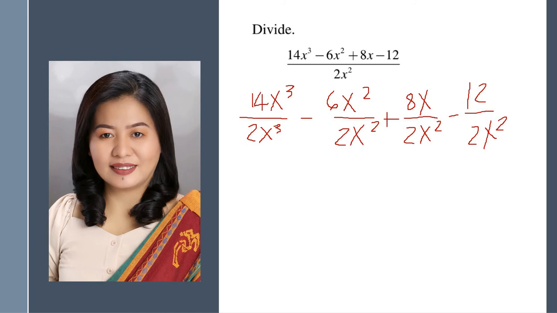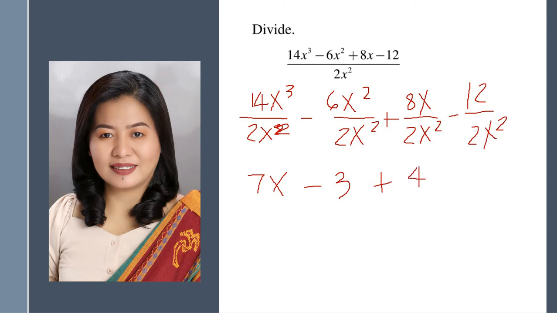14 divided by 2 is 7. And x cubed divided by x squared, that's x. Again, we have to be very careful when solving x squared. So that will be 7x. Minus 6 divided by 2 is 3. And x squared divided by x squared, that's already 1. Plus 8 divided by 2 is 4.